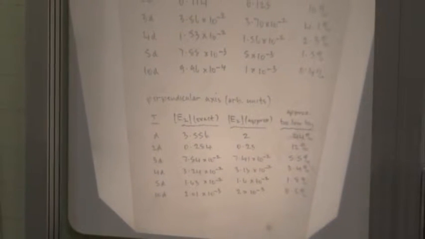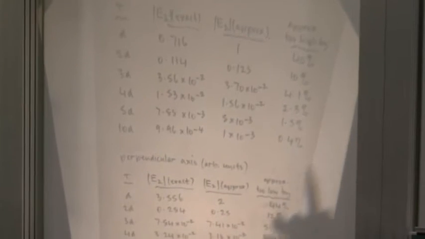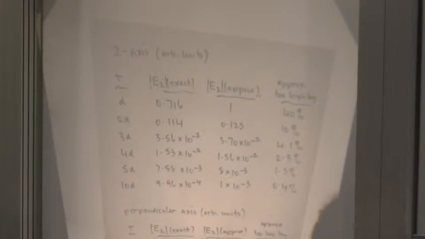You can see, as you go out along either axis, we can always calculate the exact potential, and then compare with the approximate formula, and you can see that if r is equal to d, the approximation's rubbish. Of course, that's what you'd expect.